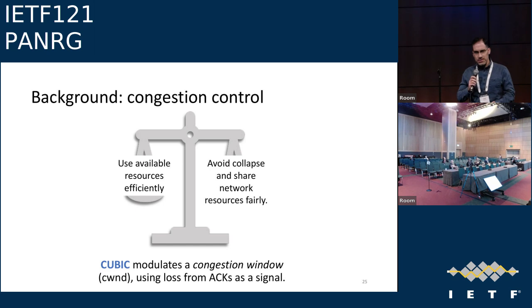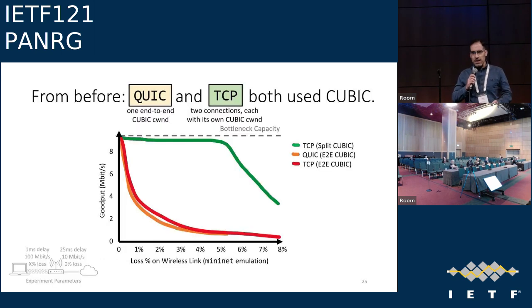So the idea here is to come up with an appropriate congestion control scheme that is informed by knowledge of where along a path loss has occurred. And the idea here is to emulate the performance that you would get with a split connection. So if you look at the same graph from before, you can see the end-to-end QUIC and the end-to-end TCP both do quite poorly when we have this lossy path segment at the beginning.